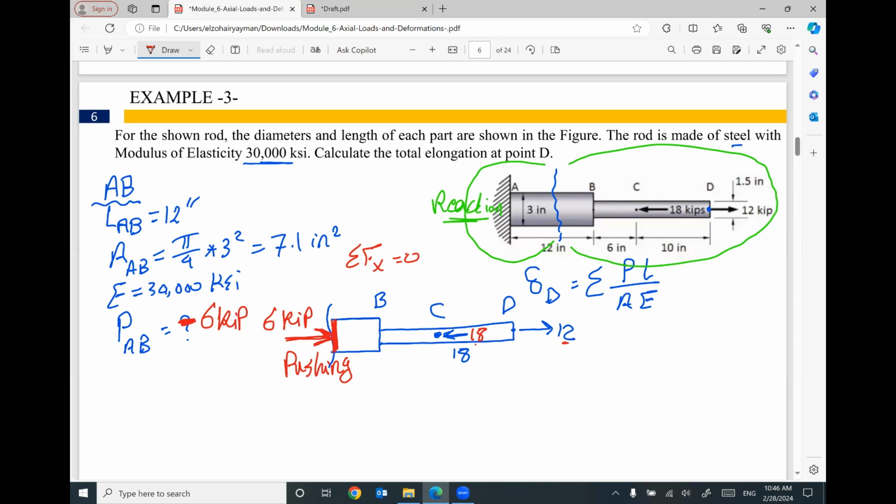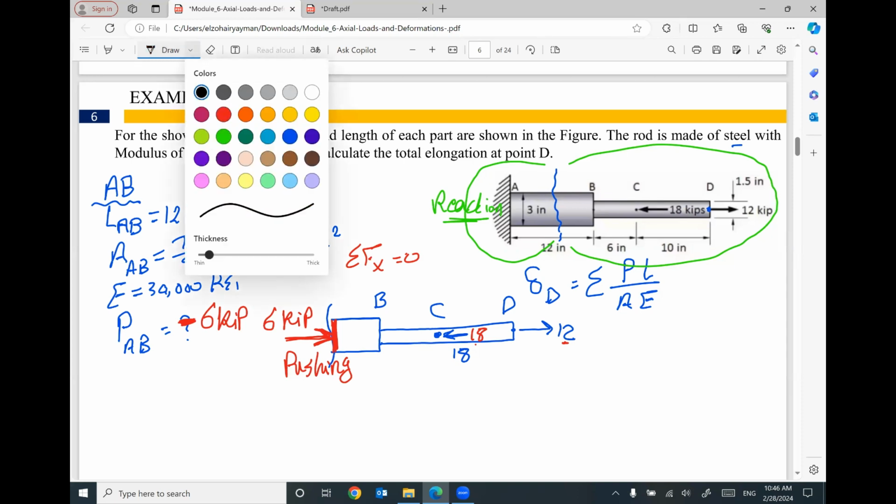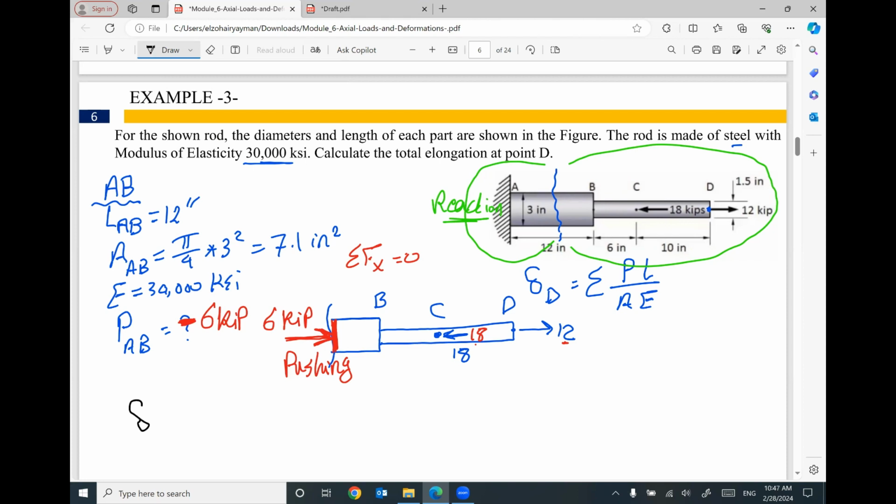Right now, we have everything we need to figure out the delta, the change of the length in part AB. Equal P times L divided by A times E. Only for part AB. The applied force is negative 6 kip. The length of this part, 12 inch. The area of this part, 7.1 inch square. The Young's modulus of the material of this part, 30,000.